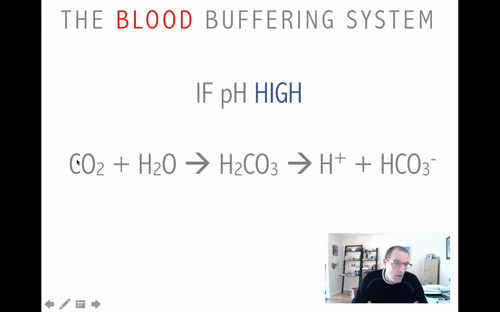Your respiration rate will actually go up a little bit, and so you'll get more carbon dioxide in your blood. Carbonic acid will form, and then protons will be released, and so that will lower the pH. So you've got to keep in mind that a low pH is a high proton concentration. If you mix that up when you're looking at this blood buffering system, you can immediately get this the wrong way around. So you've got to keep that in mind.